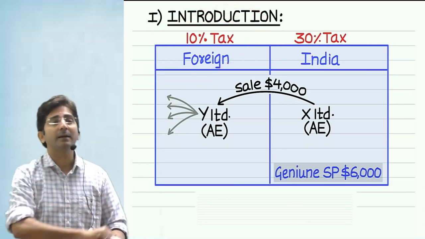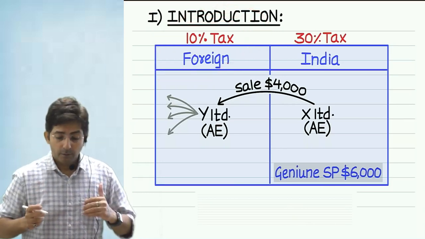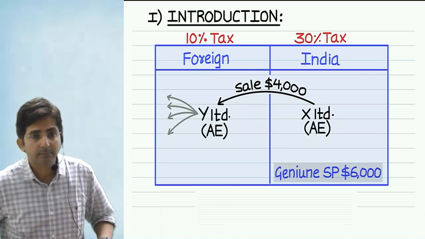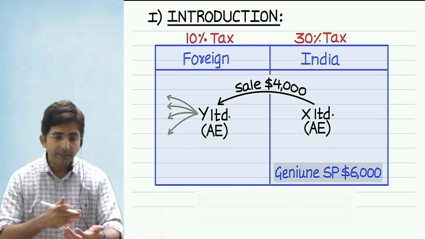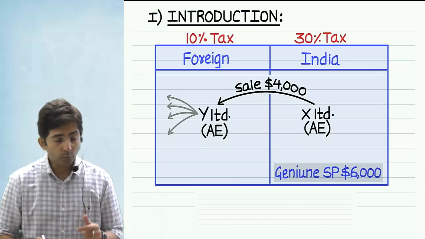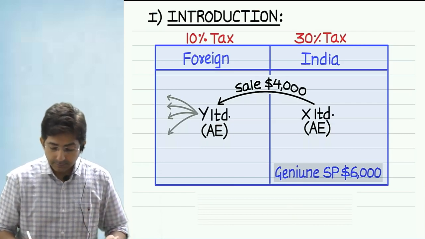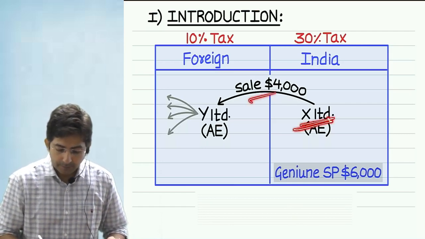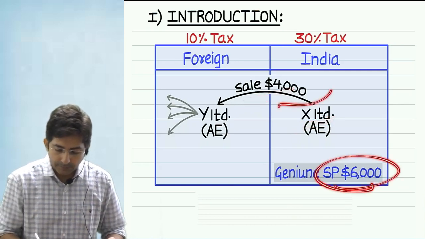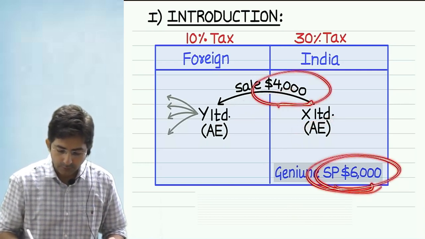Here comes the advantage. Now tell me, what was the advantage of manipulating the sale price? Now you can calculate the advantage. Calculate and tell me the advantage. See, X Limited, by showing a lower sale price, can reduce its profit by $2,000.